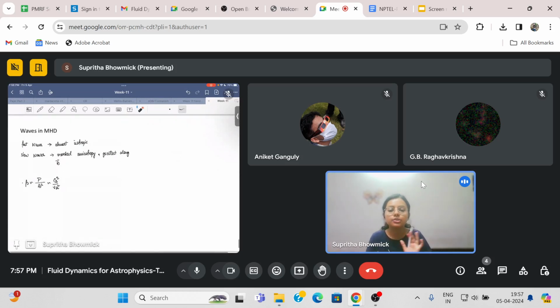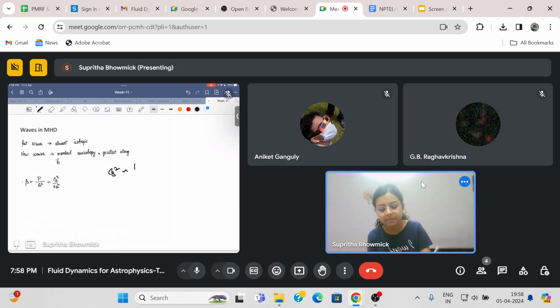All right. Then a useful quantity to keep in mind for MHD is this plasma beta parameter. Plasma beta is P by B square, the gas pressure by the magnetic pressure. Now, if you remember, Cs square was given by P by rho. Of course, there are factors of gamma, because this is del P by del rho. So Cs square is actually gamma P by rho.